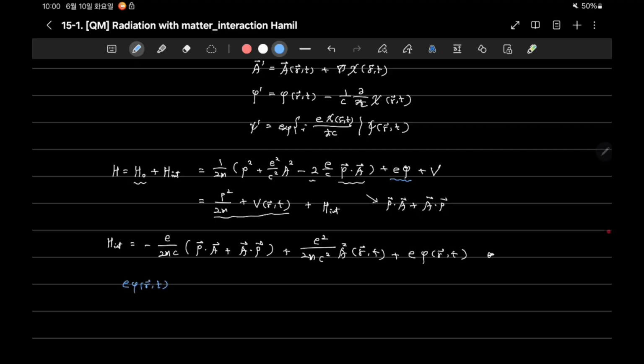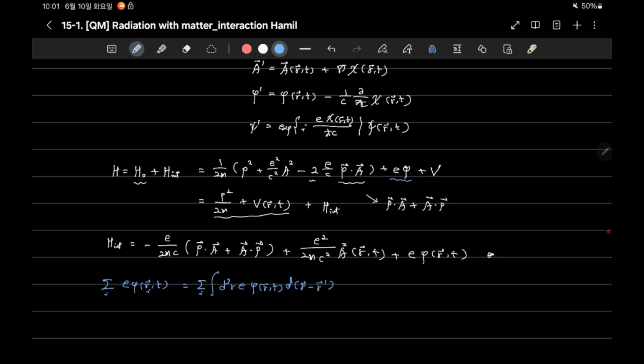In many particles, Ri is the subscript of each particle, so we should sum over all kinds of particles. In this case, in the summation over i and the volume integration, and E phi RT, discrete particles can be described with the Dirac delta function.